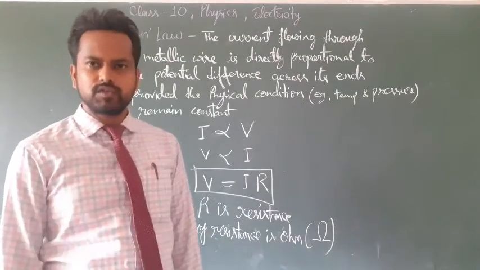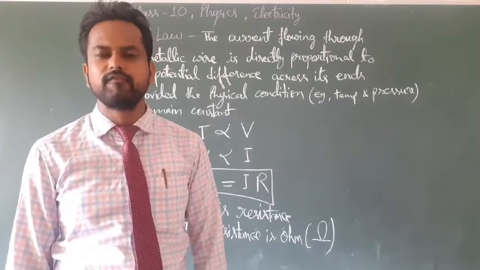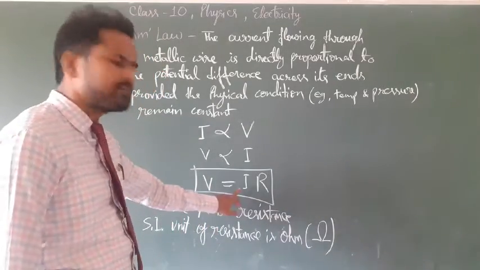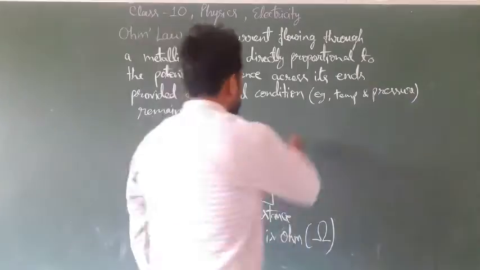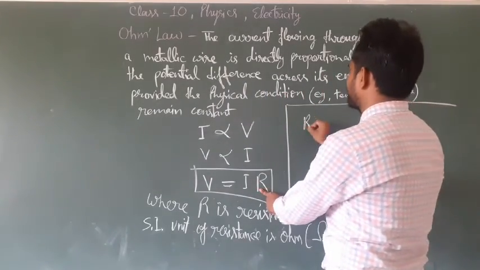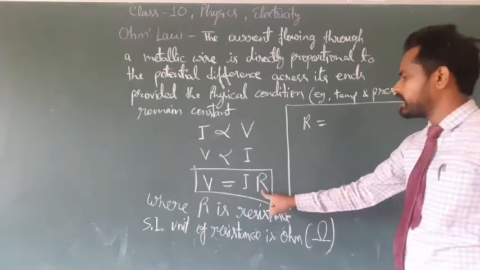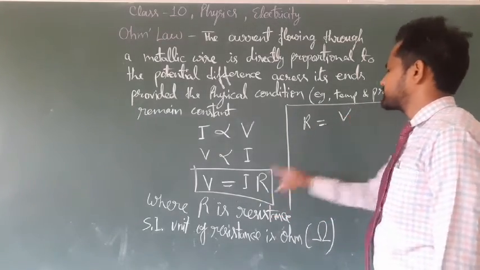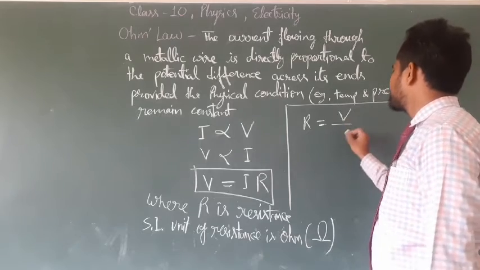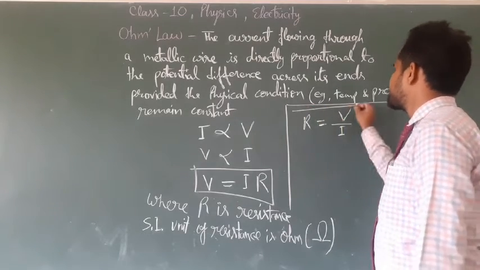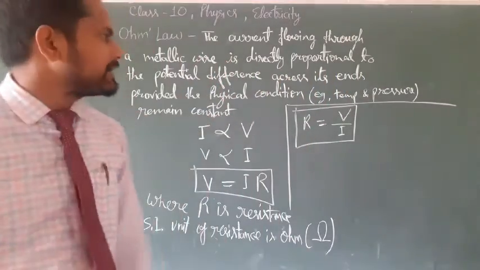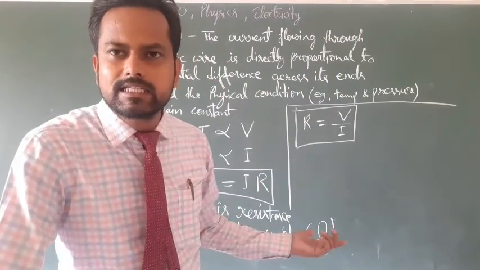If someone asks you to define resistance, then you can define it easily with the help of this formula. Find the value of R in this formula. Transposing I to the left side, you will get R is equal to V upon I. Then what is resistance?